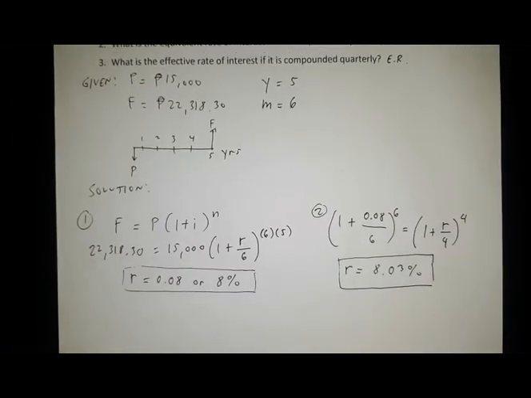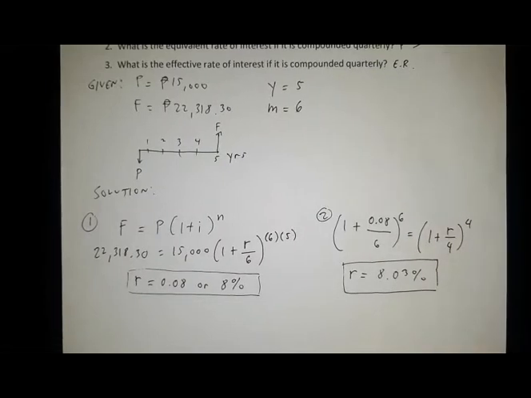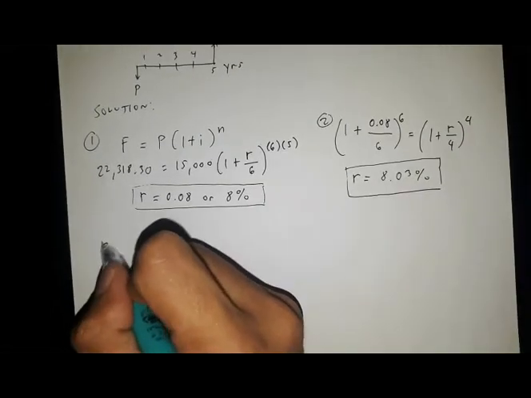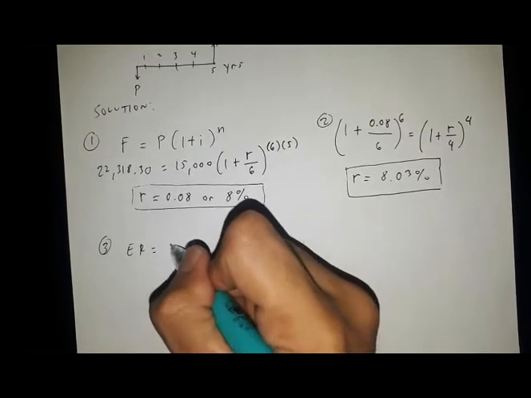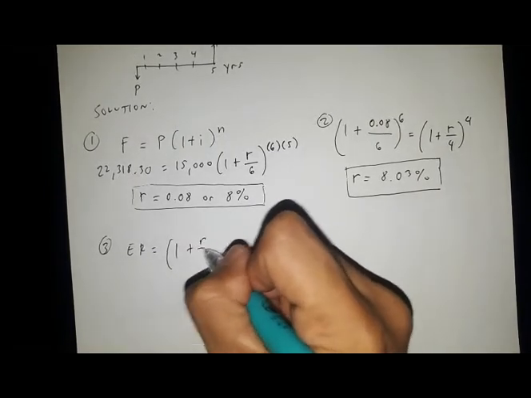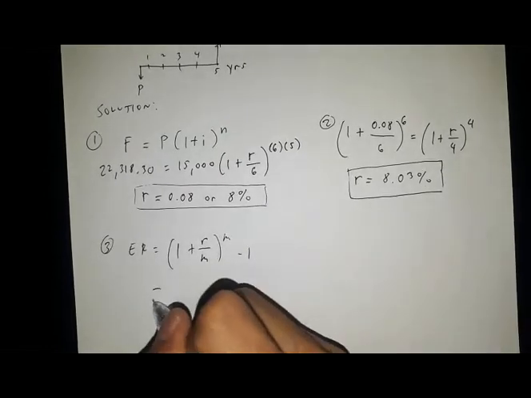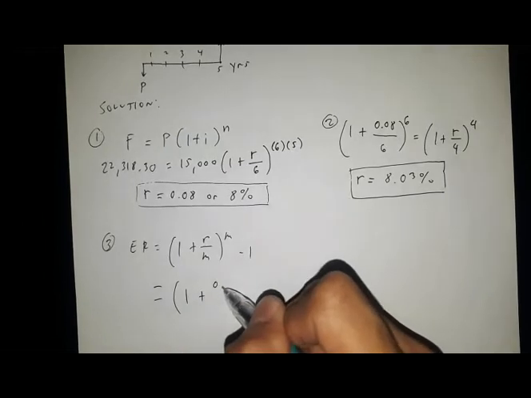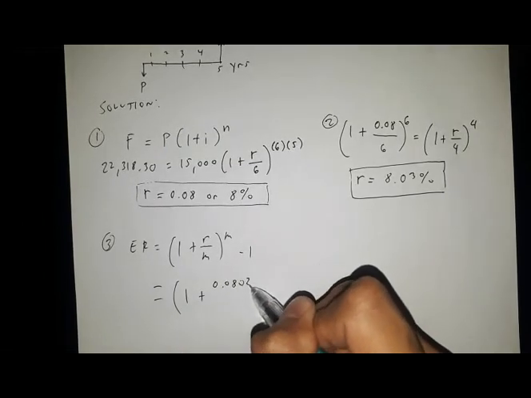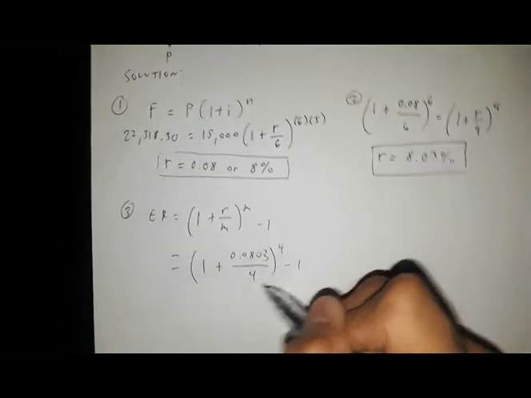Now, what is the effective rate if it is compounded quarterly? So we have the effective rate equals 1 plus R over M raised to M minus 1. So we have 1 plus 0.0803 over 4 raised to 4 minus 1.